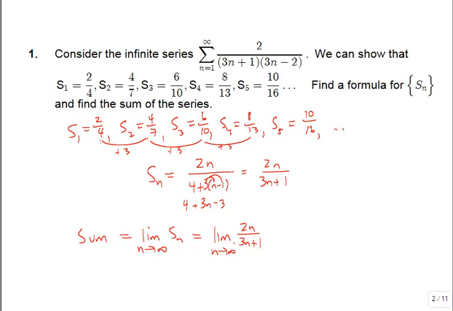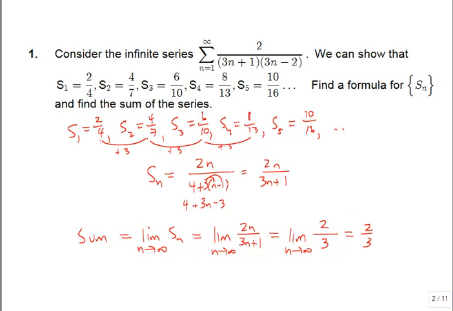If this diverges, then this infinite series would diverge. So if we plug in infinity, we get infinity over infinity, which doesn't give us anything. That's an indeterminate form. But if we apply L'Hopital's rule, the derivative of the top just becomes 2, the derivative of the bottom just becomes 3, and the limit of 2/3 is just 2/3.